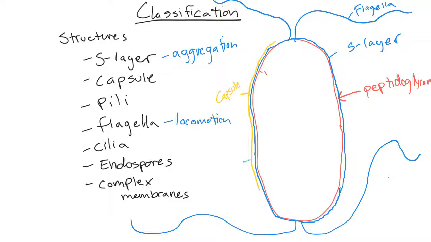Cilia are shorter and more numerous, but it's also for locomotion. But the way that they work is different. So whereas the flagella just kind of whips like a motor in a circular pattern, the cilia basically move in waves, and those waves then help propel it.